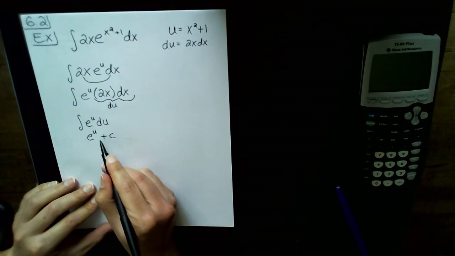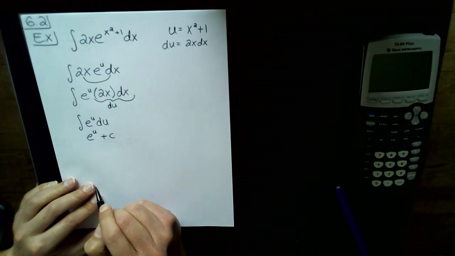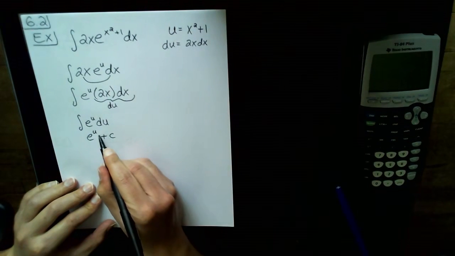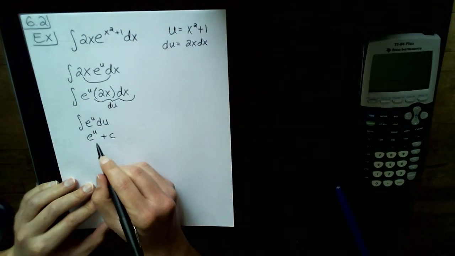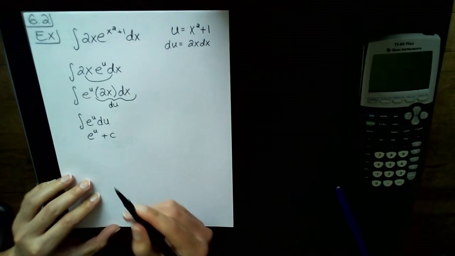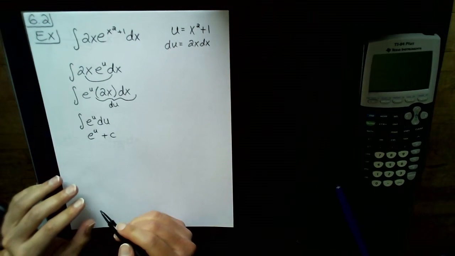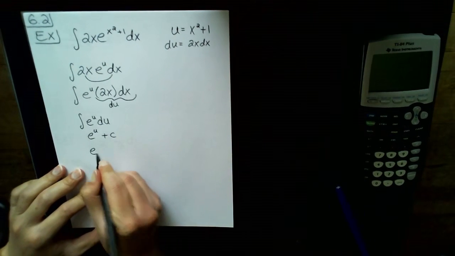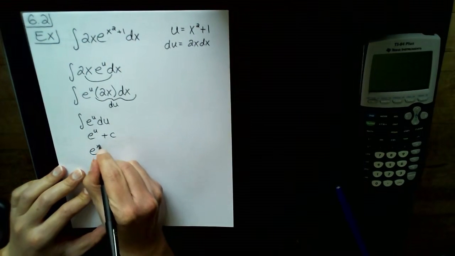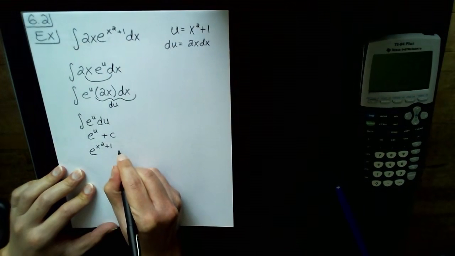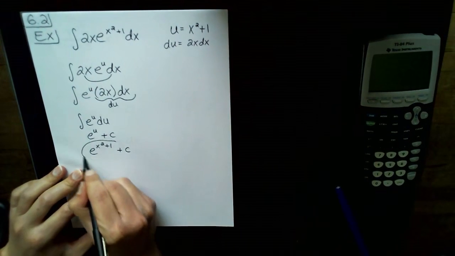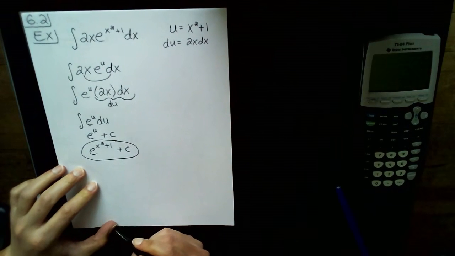And now that we have that, we can finish this by substituting our value of u back in to our final answer, because we started with x's, not u's. The u's were just the work to get to the final answer. So we have e to the u is x squared plus 1, so e to the x squared plus 1 plus c. And that is our antiderivative.